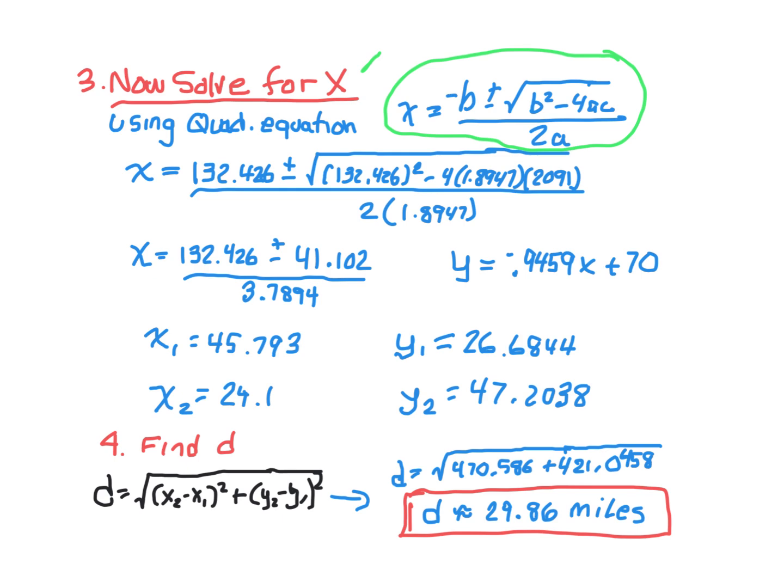And we will get two x's when we put them in, right? We'll get the bottom x and the top x, x2 and x1. Once we get the x1 and x2, we're going to plug them into here to get the y1 and the y2.